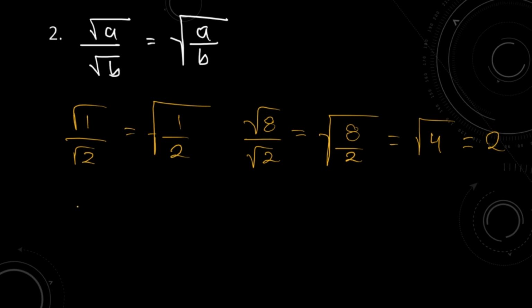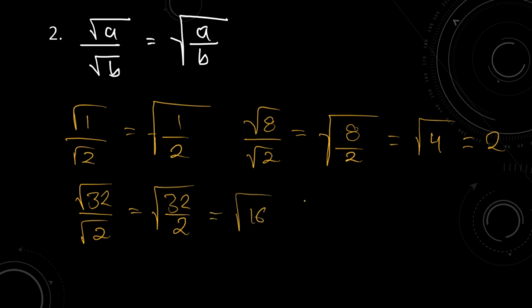Again, if you had square root 32 over square root 2, this would be square root 32 over 2, which equals square root 16, which is 4.